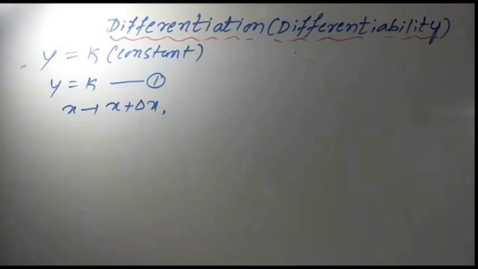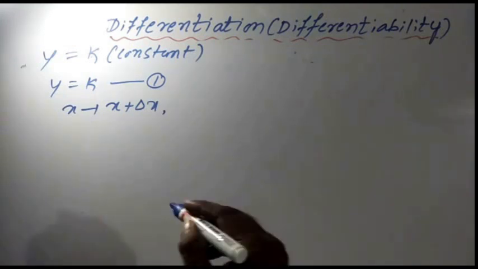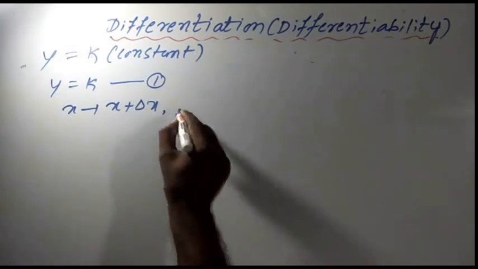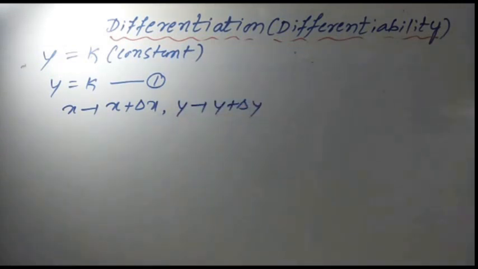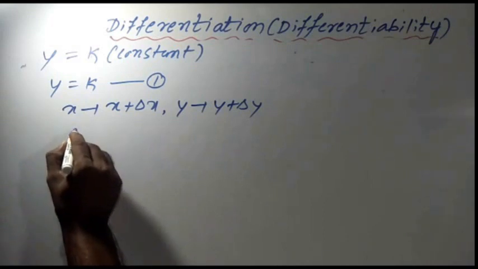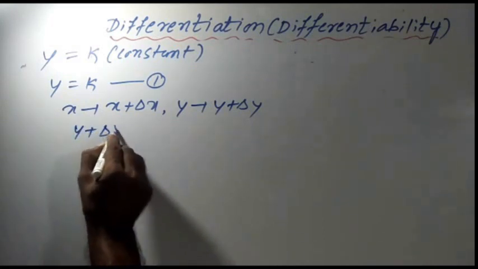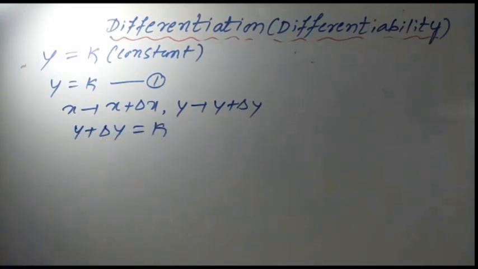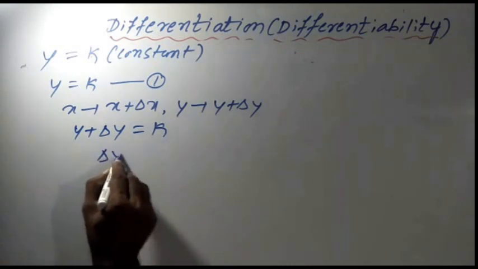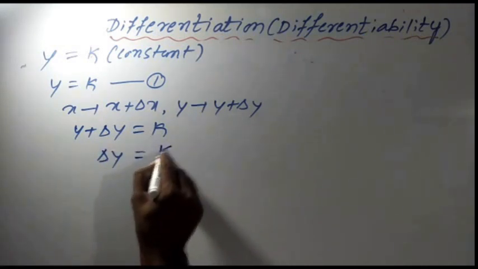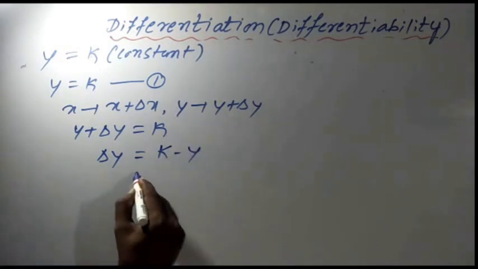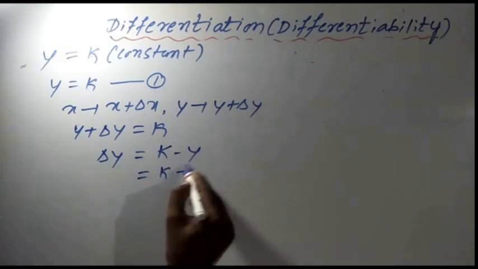Therefore, y does not change. Assume that, suppose y changes to y plus delta y. Then equation first becomes y plus delta y is equal to k. Now delta y is equal to k minus y.